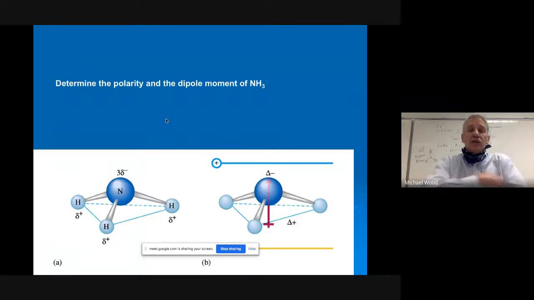Okay, and then here's NH3. So again, if we go back and look at what it says, determine the polarity and the dipole moment. Dipole moment is just, is it polar? And then if it is polar, which end is positive, which end is negative? NH3 is ammonia.